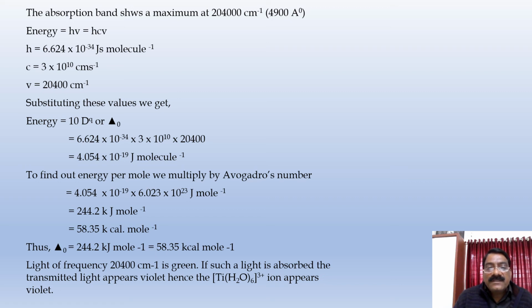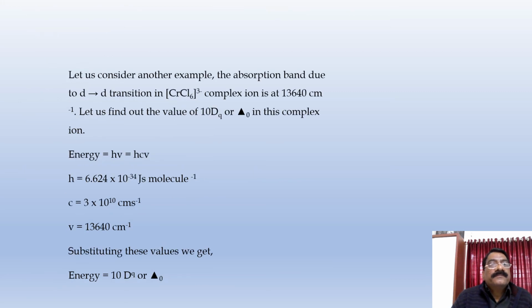If such light is absorbed, the transmitted light appears violet, and hence the [Ti(H2O)6]3+ ion appears violet. So it is due to the d-d transition; all d-block element compounds can show color. Thus here the titanium aqua complex shows the violet color, which is the complementary color to that of the absorbed light.